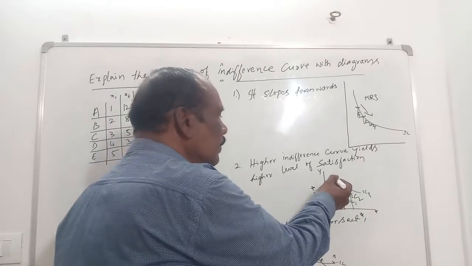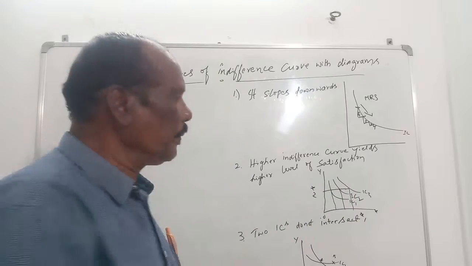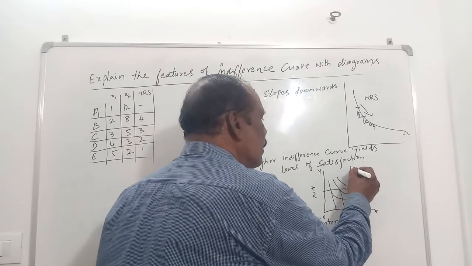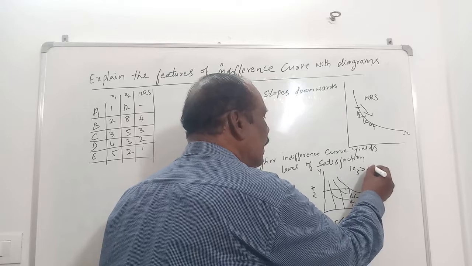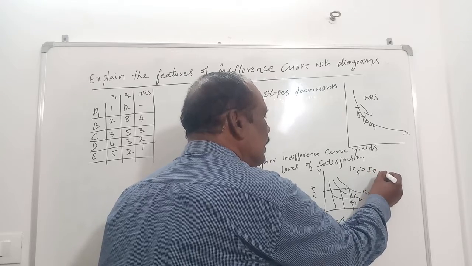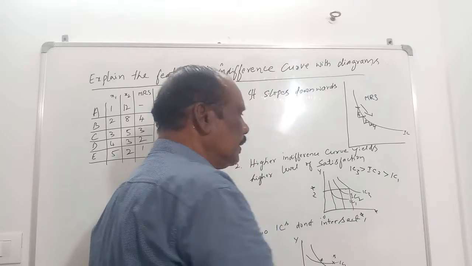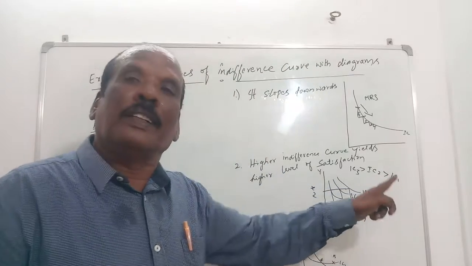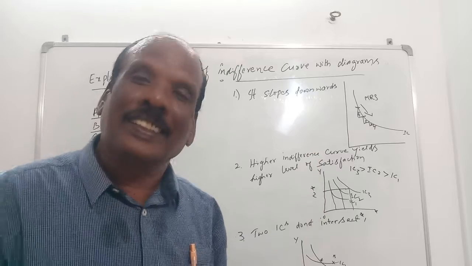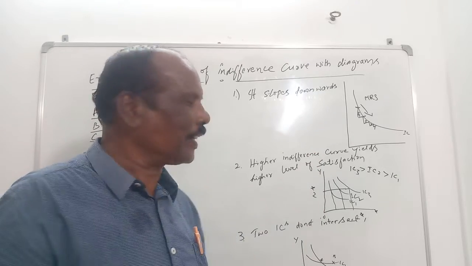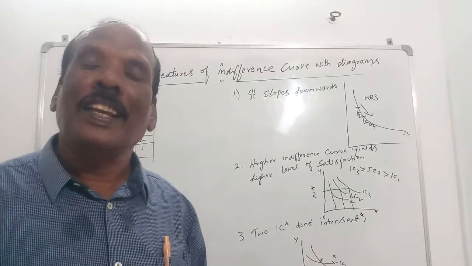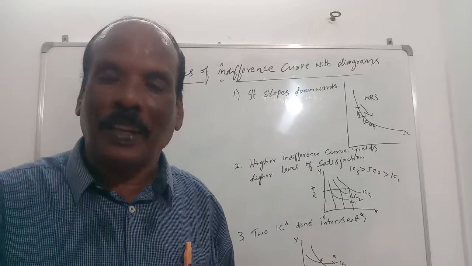Here you see 3 indifference curves are there. So IC3 is greater than IC2, IC2 is greater than IC1. That does mean IC1 yields the least level of satisfaction, whereas IC3 yields the highest level of satisfaction.